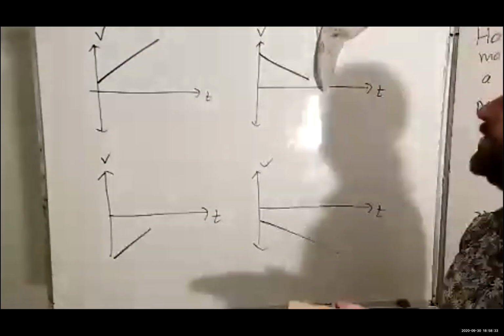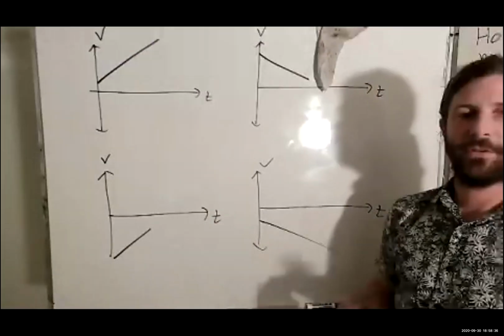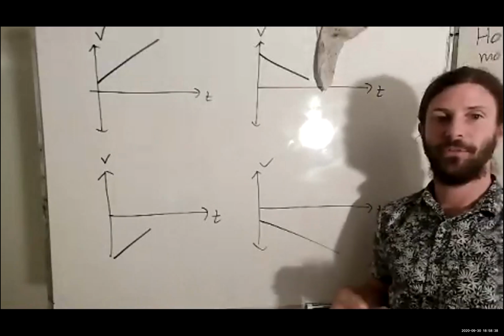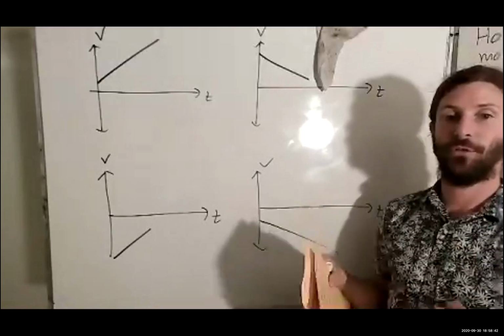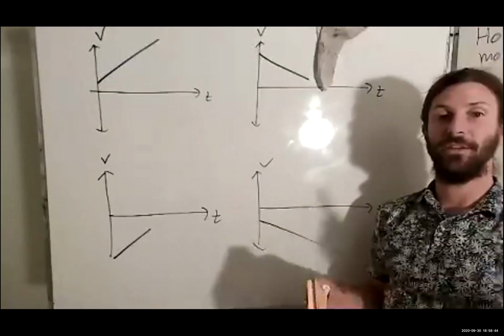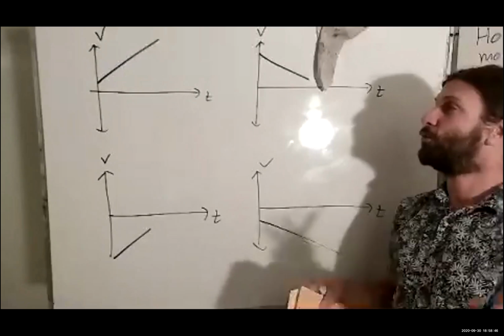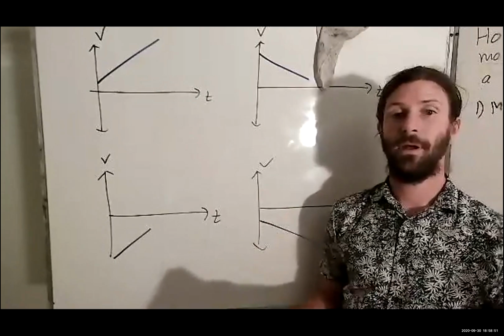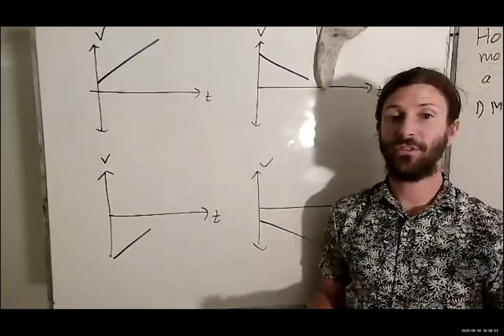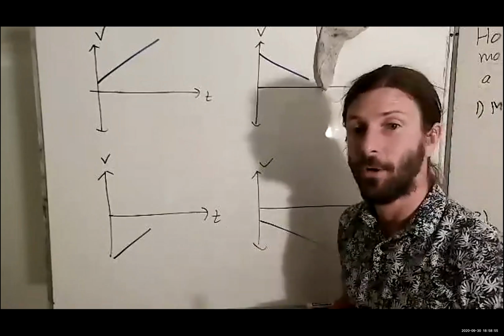Okay, 4 possibilities I drew. 2 of them have positive slope and 2 of them have negative slope. 2 of them are positive velocities and 2 of them are negative velocities. And I'm going to tell you, 2 of these are objects that are speeding up, and 2 of these are objects that are slowing down, right?